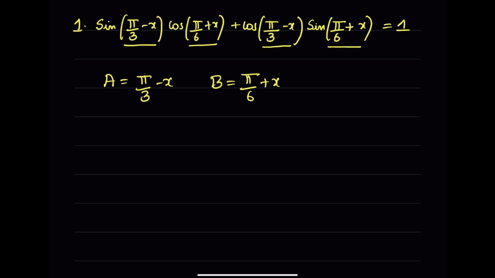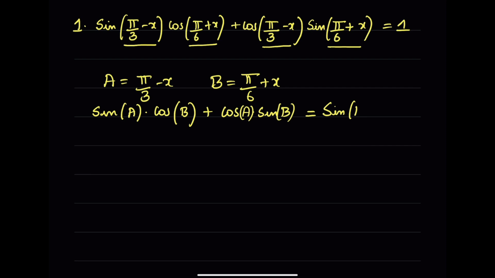So what do you notice here? If we replace pi by 3 minus x with A, we would get sine A times cos B plus cos A multiplied by sine B. So this formula is nothing but sine of A plus B.